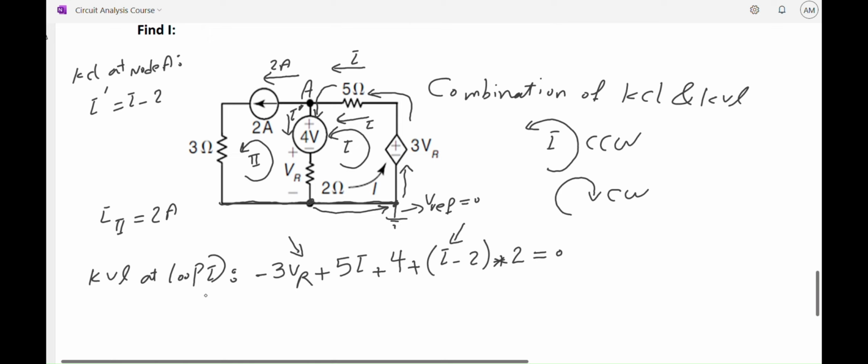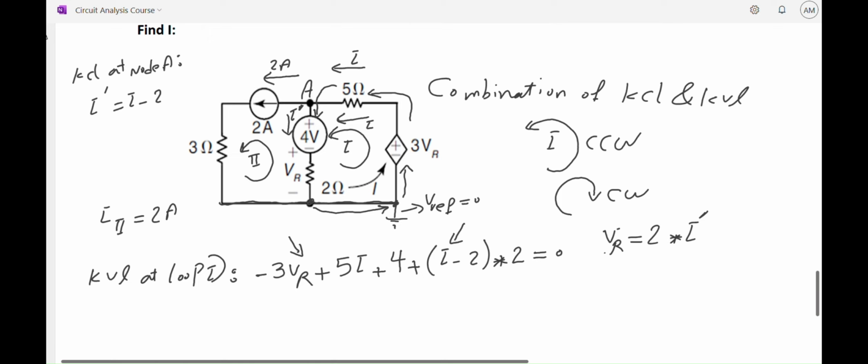And that's easy because VR is the voltage across the 2 ohm resistor. VR based off Ohm's law is 2 times I. 2 times I prime actually, sorry. VR is 2 times I prime. I consider the current of this branch as I prime.